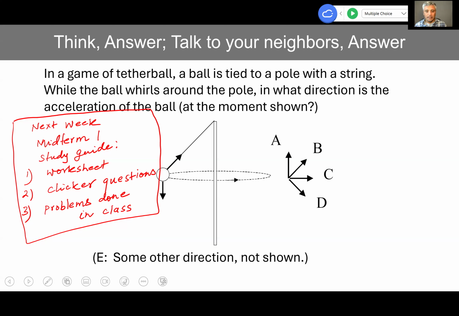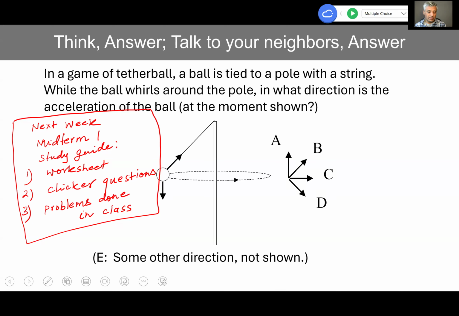So when you're looking at clicker questions, see if you can explain why a particular choice is the correct choice. And even better, why the remaining choices are not correct. Can you explain, argue that?